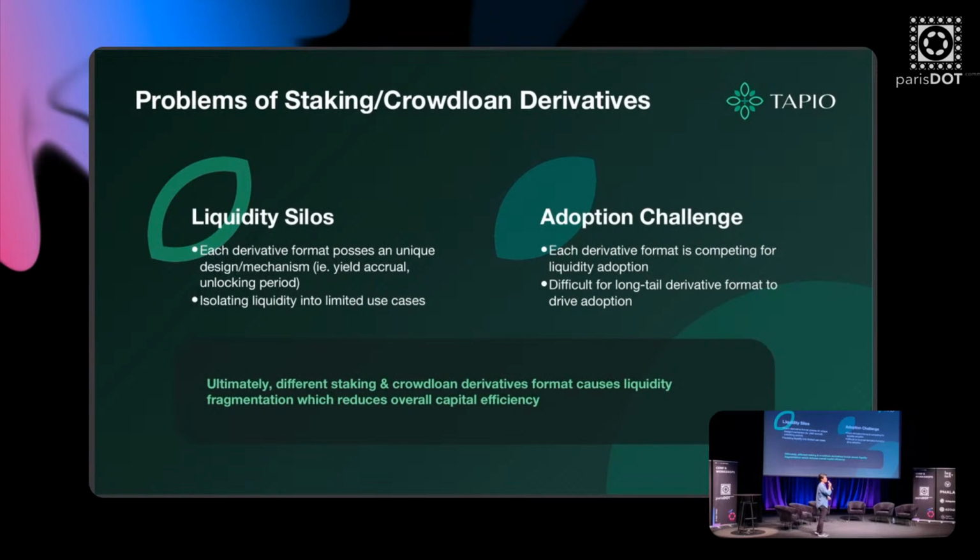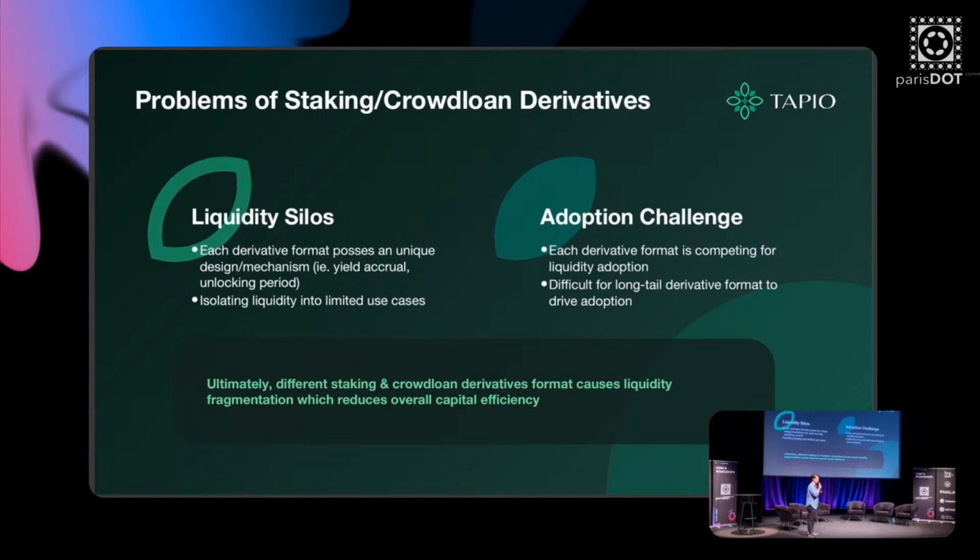So everything sounds super magical, right? But there are obviously some drawbacks. And this is what we identified when we were looking into the Polkadot ecosystem 16 months ago. Some of the problems with these staking or crowdloan derivatives are, number one, they create liquidity silos.